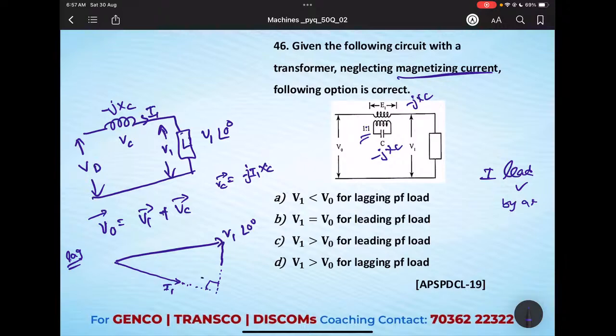This drop is VC. From equation 1, the resultant phasor V0 is going to be drawn like this. Actually, it may not be exactly like this, it will be somewhat like this.